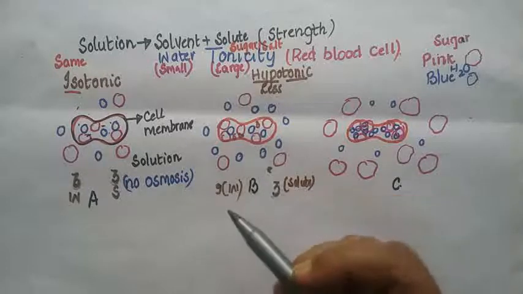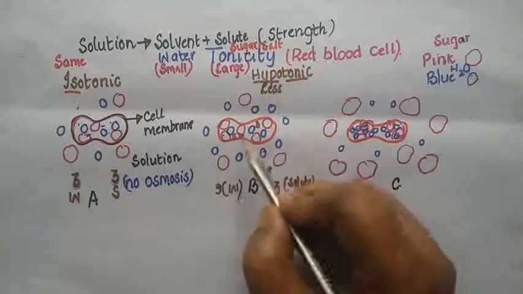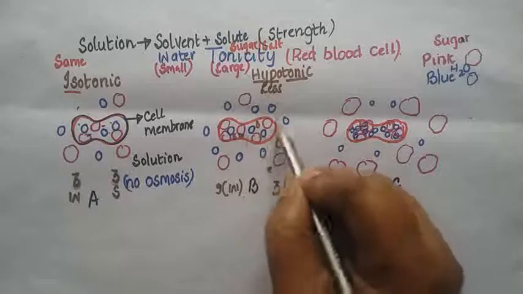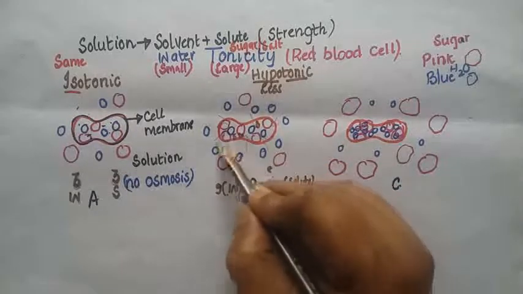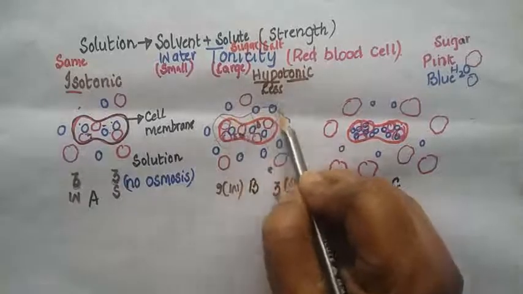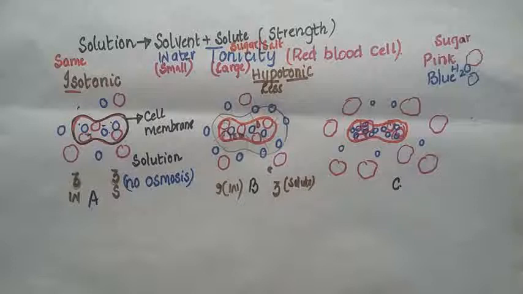In that condition, what happens? Since there are more water molecules outside, there is an inward diffusion of water molecules, due to which the size of the RBC increases. So what do we call it? There is an endosmosis which occurs.